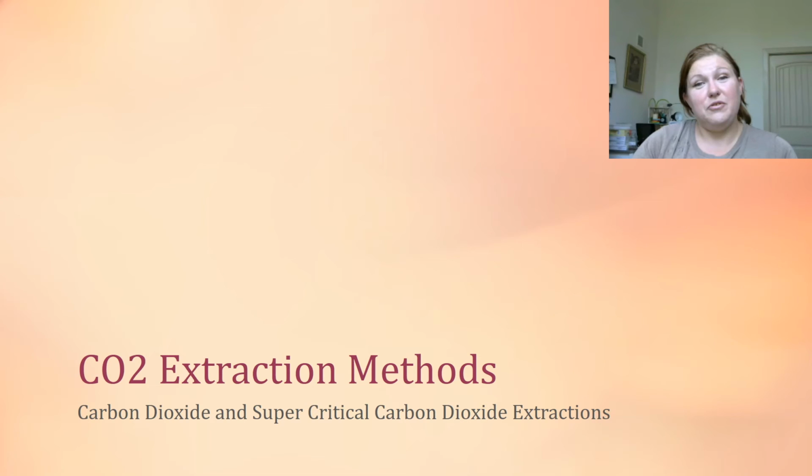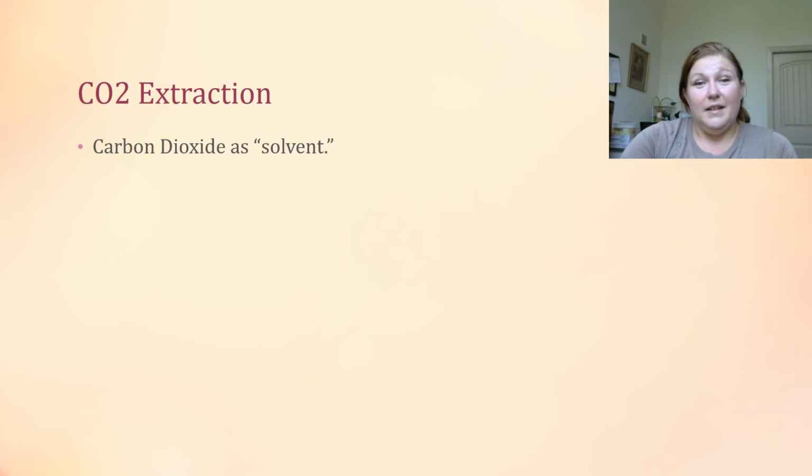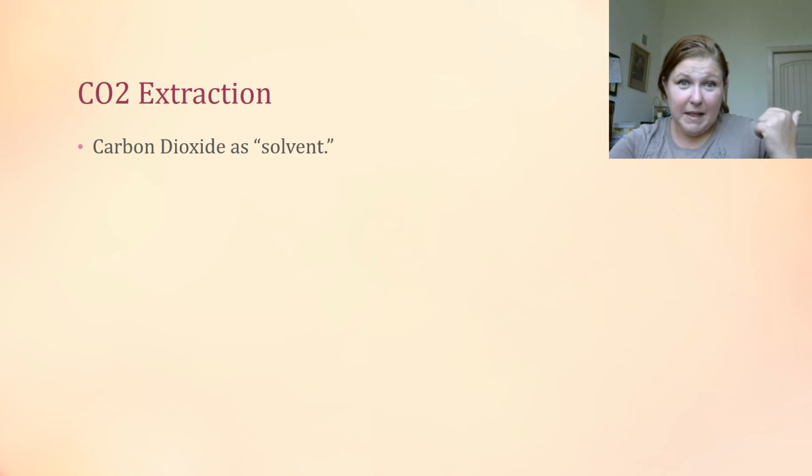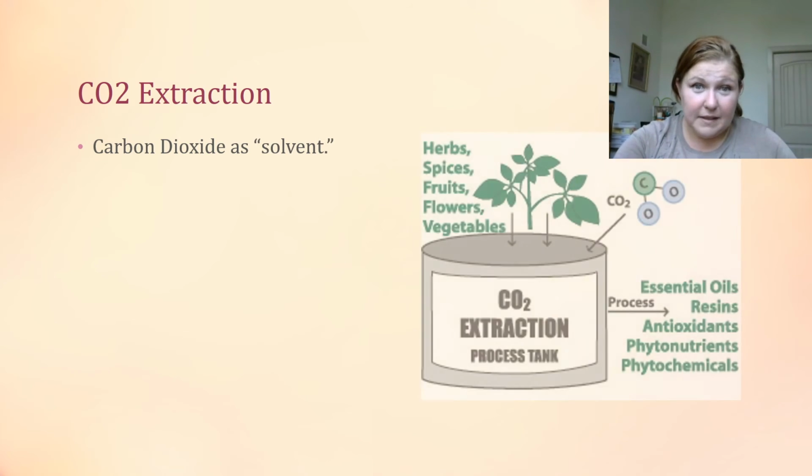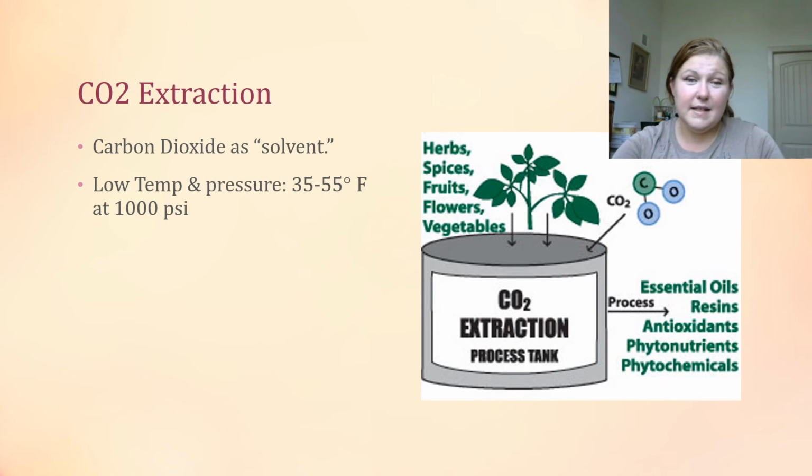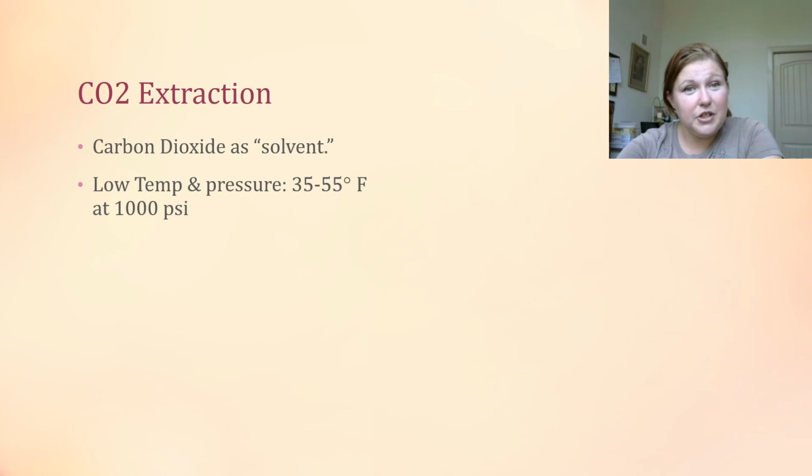And finally, the CO2 extraction methods, carbon dioxide and supercritical carbon dioxide extractions. The carbon dioxide, like the hexane from the previous method, is used as the solvent. And this is done at a low temperature and a low pressure, between 35 and 55 degrees Fahrenheit, and at 1000 psi.